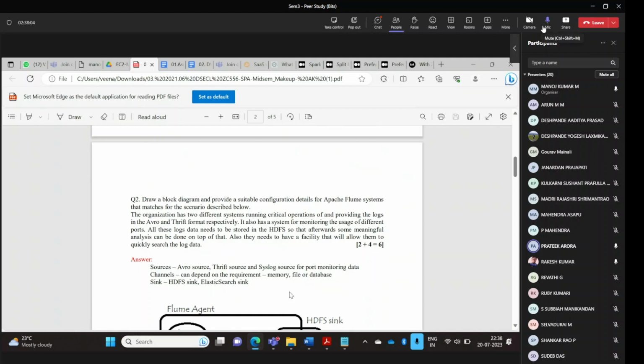Scroll down, please. Veena, write all these: identification of sources, channels, and configuration of.